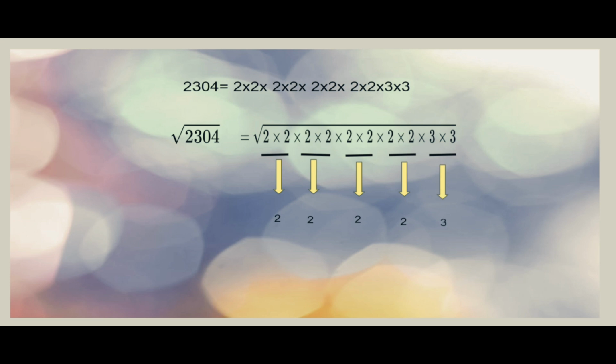We get 2 multiplied by 2 multiplied by 2 multiplied by 2 and multiplied by 3. Multiplying these numbers, we get 48. Means the square root of 2304 is 48, which is the required perfect square root.